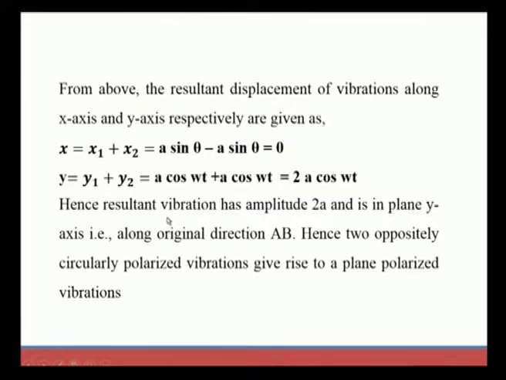Hence the resultant vibration has amplitude 2a, which is greater than what we previously had. The amplitude of the resultant vibration is 2a and is in the plane of the y axis, along the original direction AB only. Hence, two oppositely circularly polarized vibrations give rise to plane polarization, as mathematically proved.